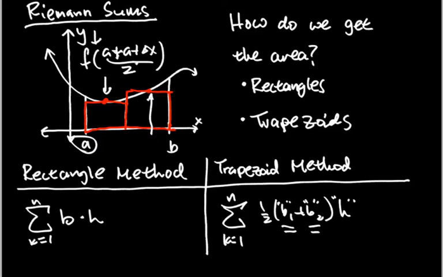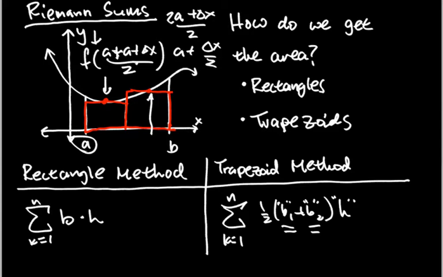We got something bizarre there. So we can write that as 2a plus delta x all divided by 2, or a plus delta x over 2.